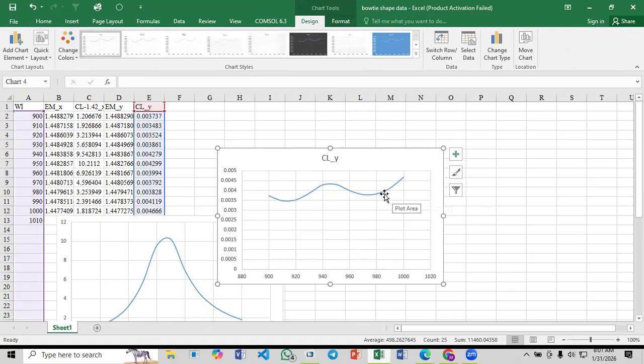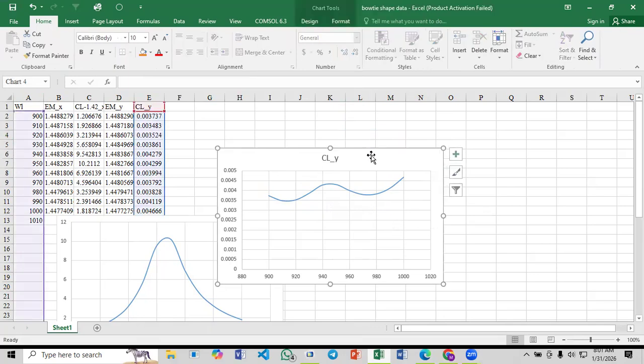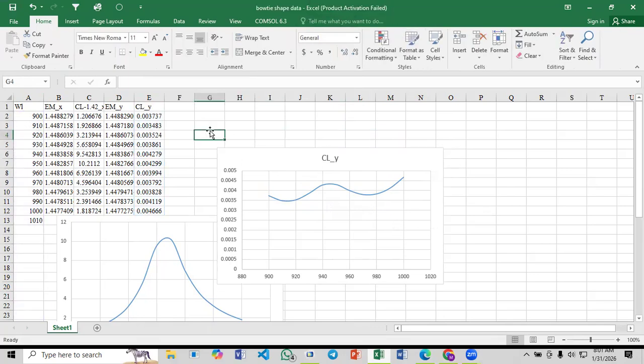I think the position of resonance wavelength is not here. Maybe it's shifted this way. So to get the resonance wavelength, you have to simulate more actually. Then you will get the resonance wavelength. But the curve of vaporized light is not that much good.